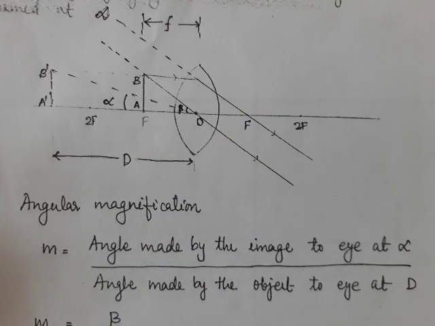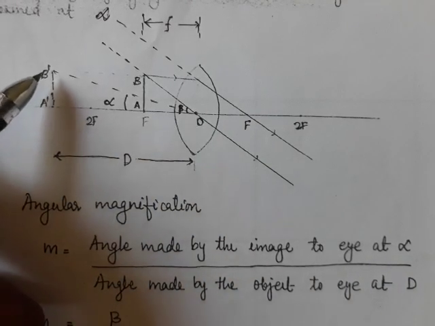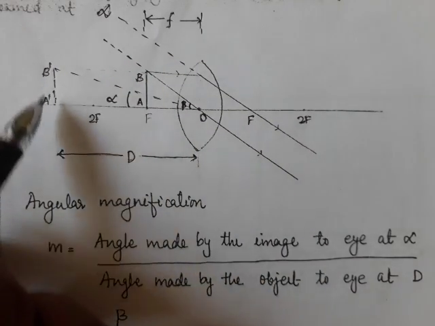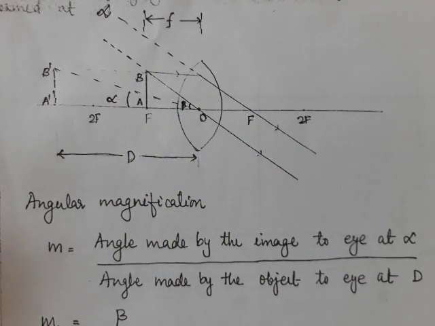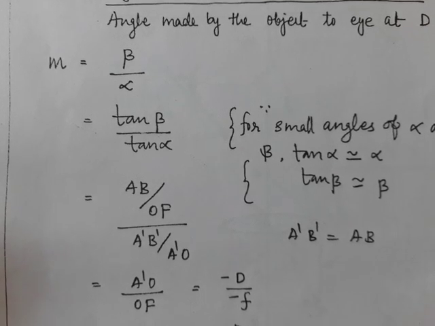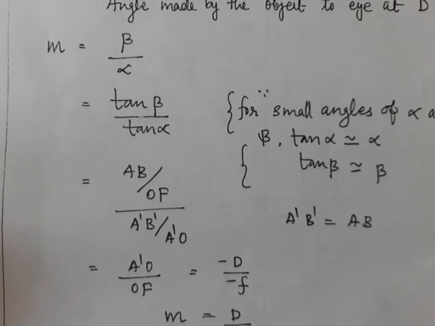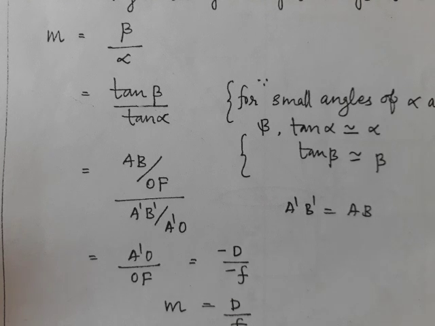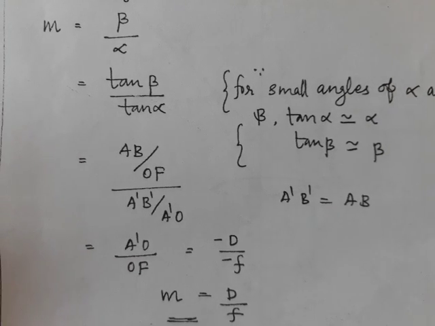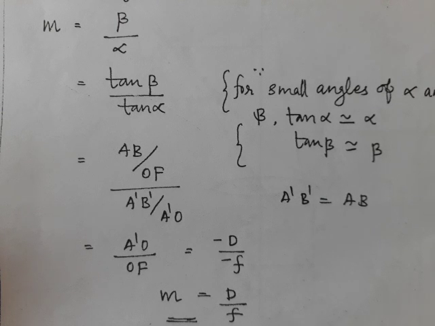That is the angle beta, and for alpha, A dash B dash is the image, divided by this distance, capital D. So A dash B dash is equal to AB, so we get AB by D. If you divide the two, you get AB by OF divided by A dash B dash by A dash O. Then A dash B dash and AB cancel because they are equal, so you get A dash O by OF, where A dash O is D, and OF is the focal length. So magnification is D by f.